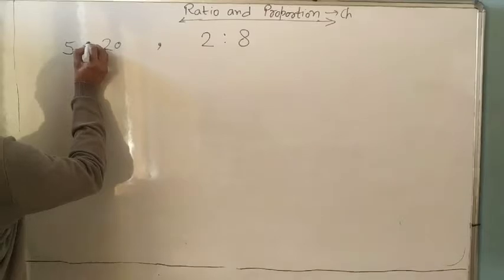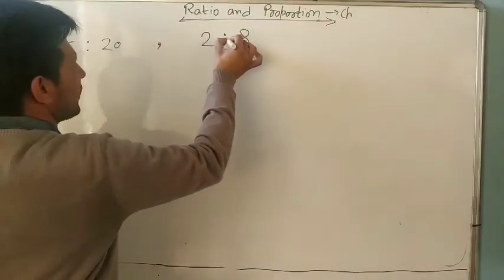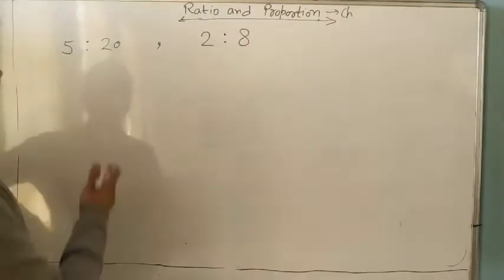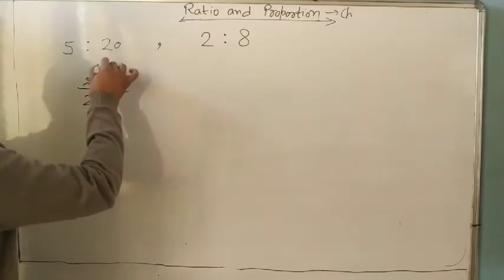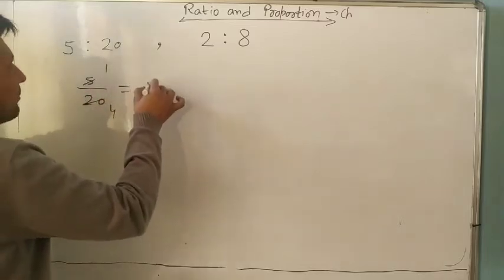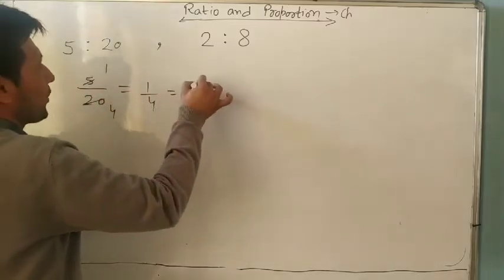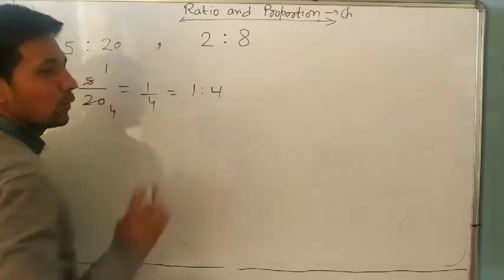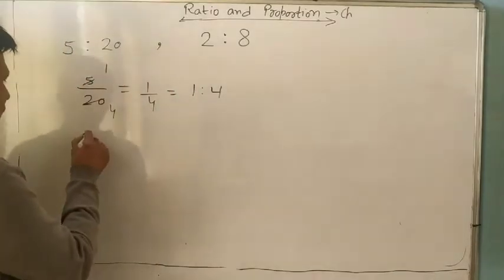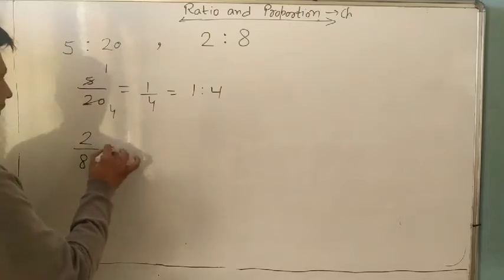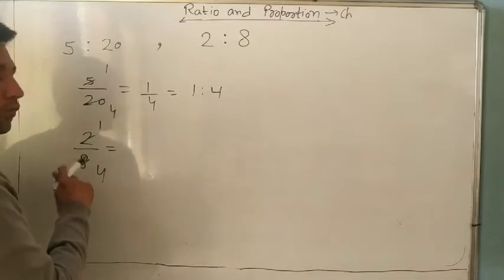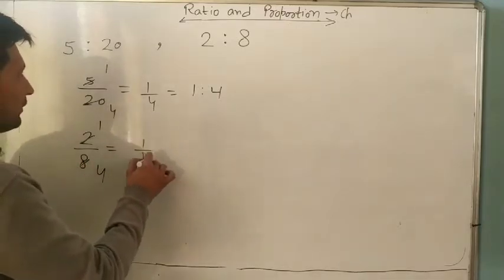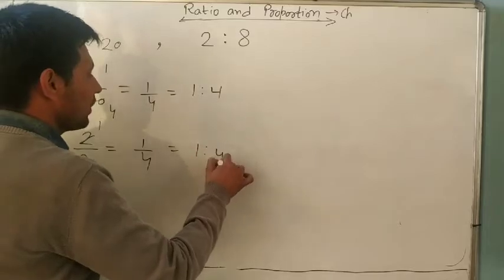Now I write two ratios here. First is 5:20 and second is 2:8. If we find the value of 5:20, that is 5 upon 20, it becomes 1 upon 4, which means 1:4. Same as 2 upon 8, which is also 1 upon 4, so 1:4.